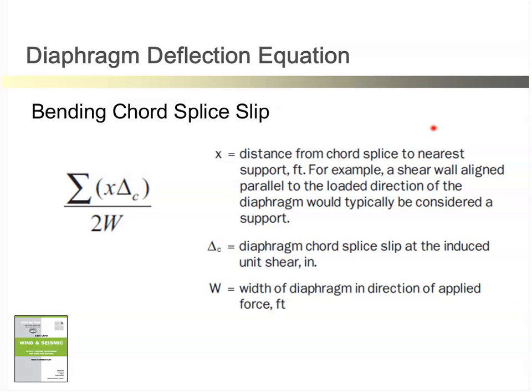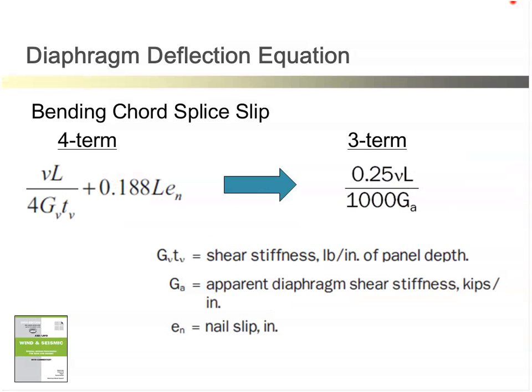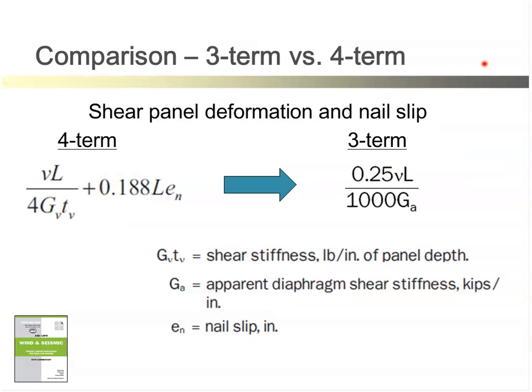Delta sub C is the diaphragm chord splice slip at that induced unit shear, and then again W, the width of the diaphragm. And then we have those two middle terms of the four-term equation, which has been again simplified for the three-term equation.